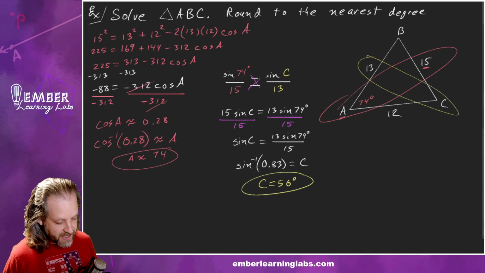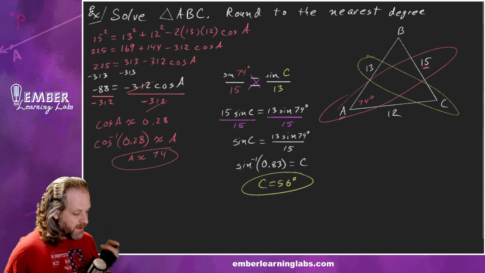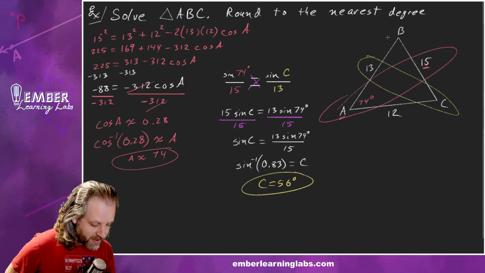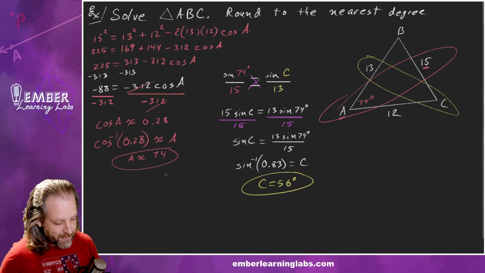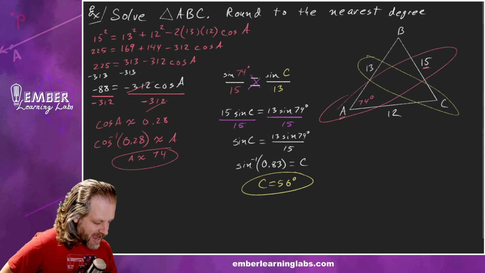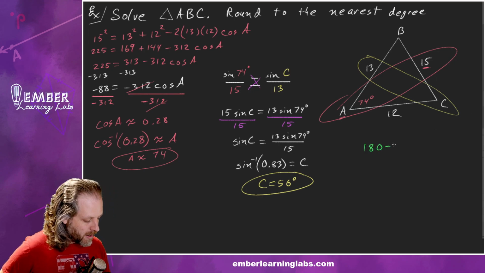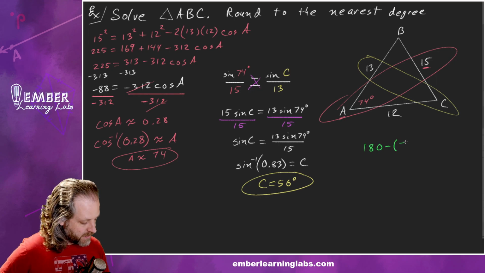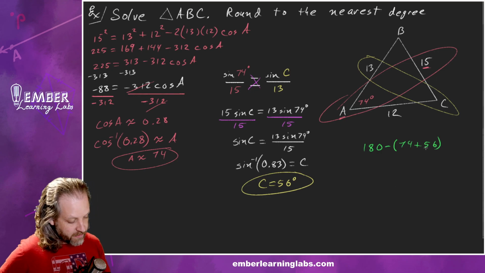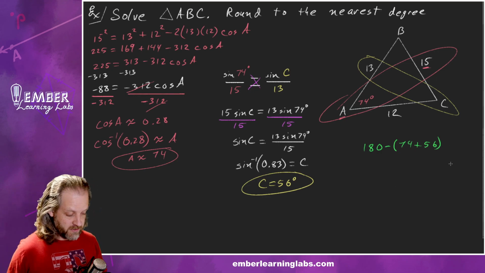That's easy peasy. Now to find our final one, we can just add these up and subtract from 180. So 180 minus the sum of 74 plus 56. 74 plus 56 is 80 plus 50, so 130.